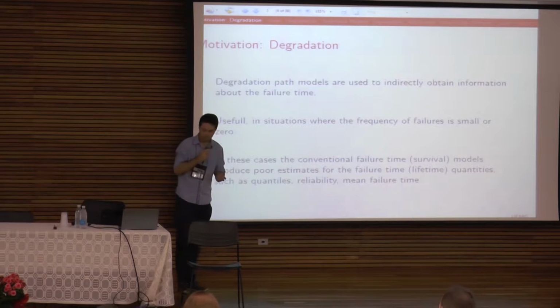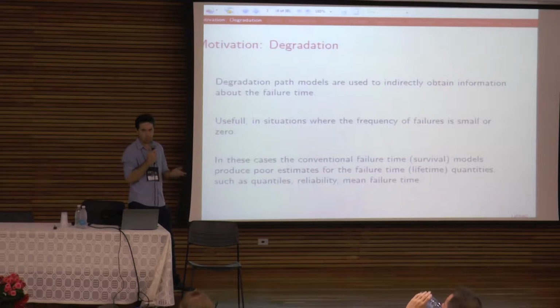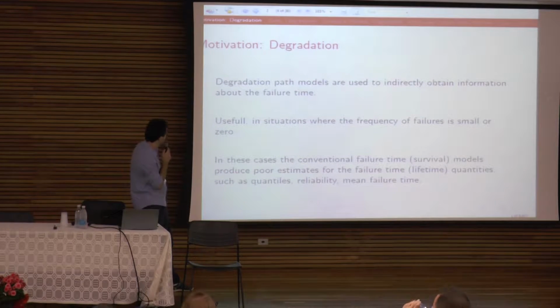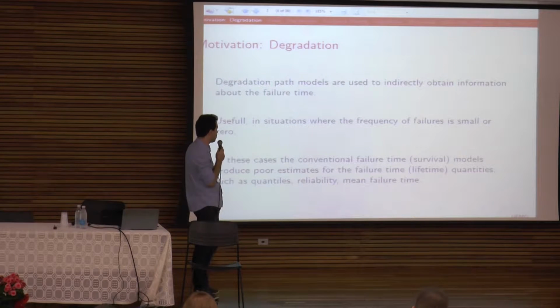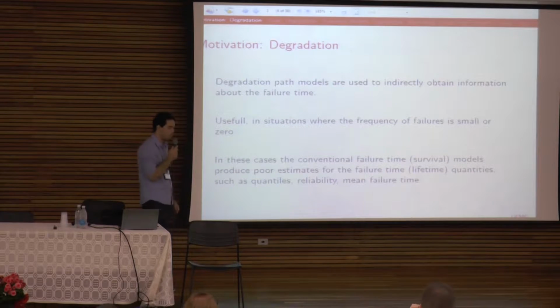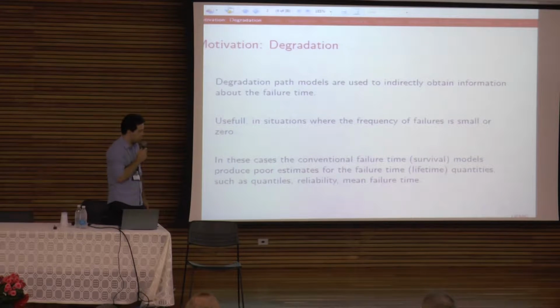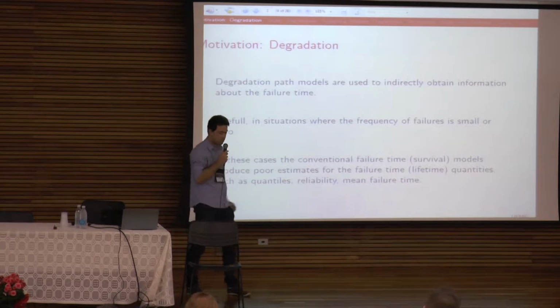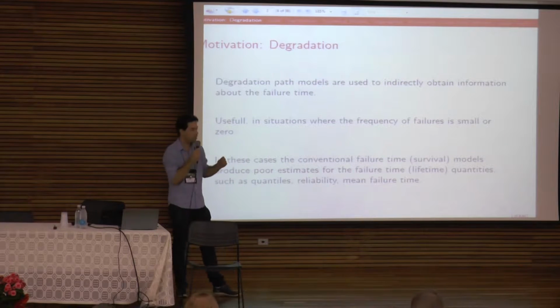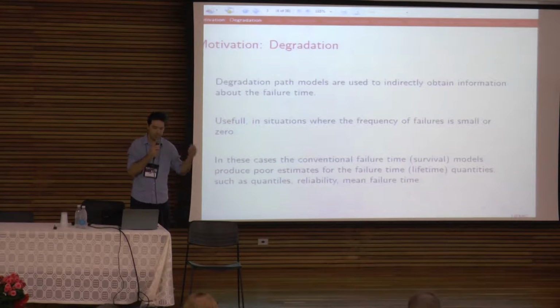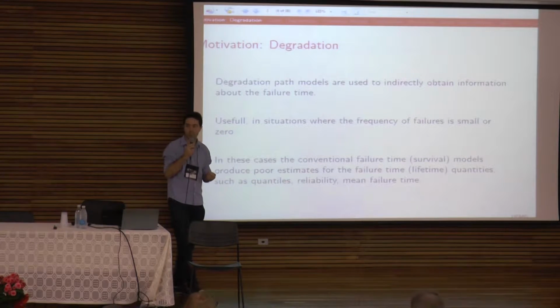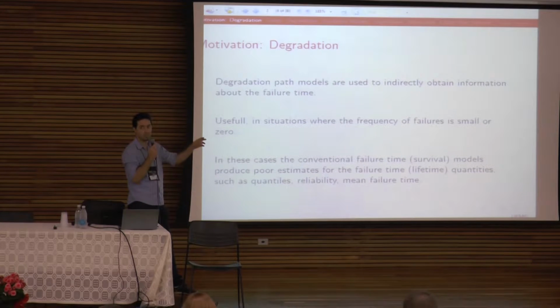In order to solve this problem, there's been a lot of work with degradation path models, which intrinsically is to observe some characteristic linked to the failure itself, but not the failure. And you observe this characteristic degradation over a long time, and try to extract the failure time distribution from this information.